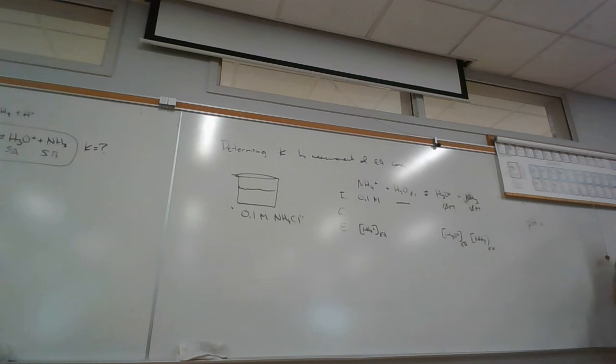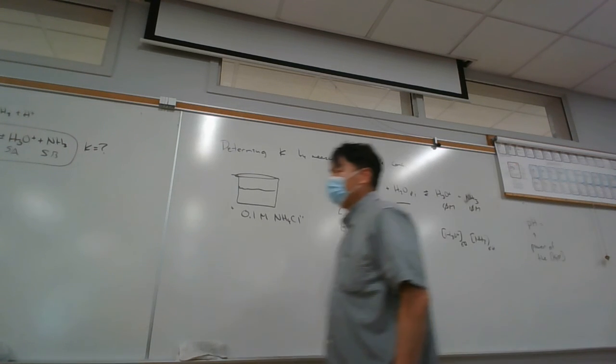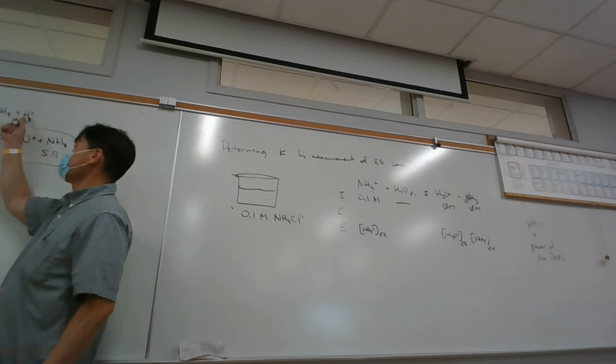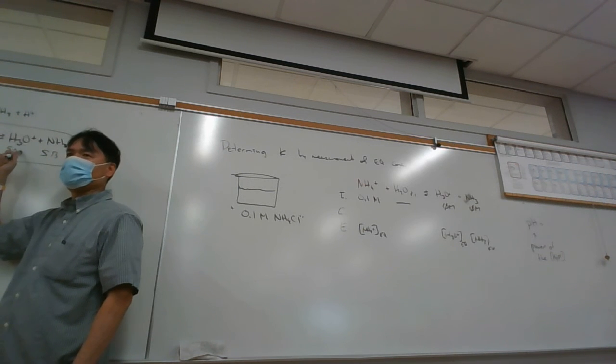What the pH tells us, it's going to give us a number. And that number is going to be from negative to beyond 14. There's going to be a range. And pH is the power, it's a power function. So this is the power of the H plus concentration, or hydronium concentration. Hydronium and H plus we use interchangeably, but in Chem 1A, I always use H plus, and Chem 1B will always use hydronium.